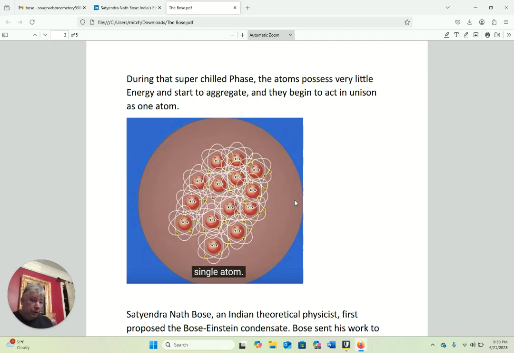And then finally, one of the most recent discoveries in physics was detecting gravitational waves. So it took us a long time to get here. Originally, Bose was working on this with Einstein in the 1920s, and it takes till 1995 for it to actually be shown that this state of matter exists, where these atoms come together and act as one atom.